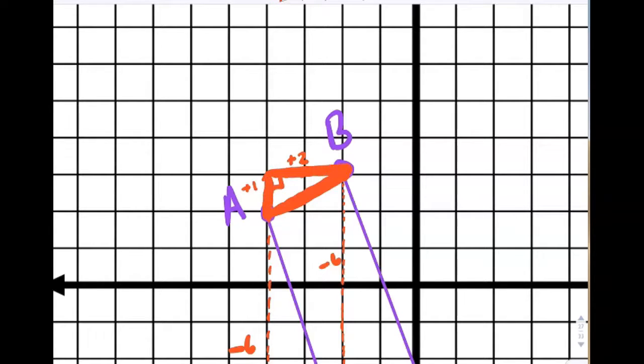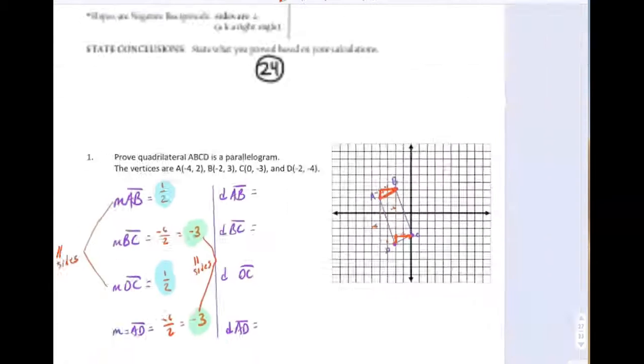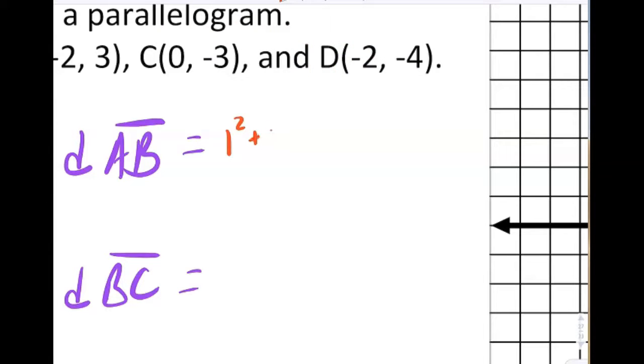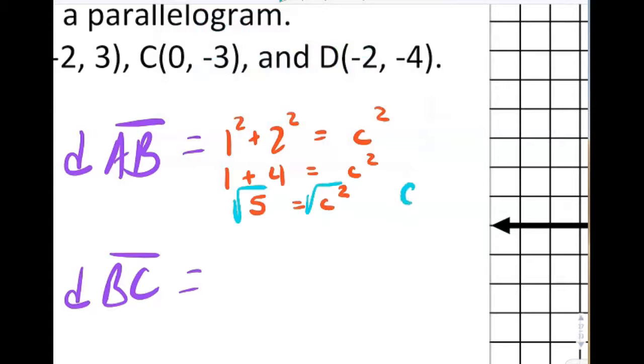And the legs of that triangle are 1 and 2. So if I go 1 squared plus 2 squared, 1 squared is 1, careful there, 2 squared is 4. So 4 plus 1 is 5. And this is going to be weird looking, but the answer is just radical 5.